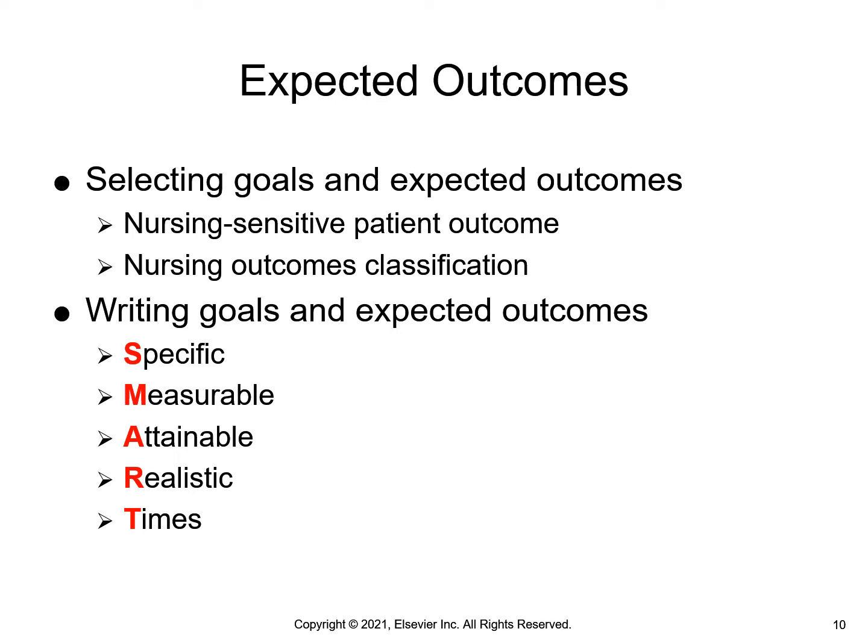A valuable resource for selecting patient goals and outcomes is the Nursing Outcomes Classification. This links all the outcomes to the NANDA-I, or NANDA International, Nursing Diagnoses. The resource is an option that can be used when selecting goals or outcomes for nurses' patients. For each diagnosis, there are multiple evidence-based goals.